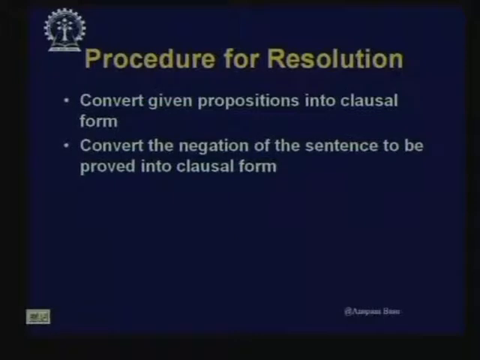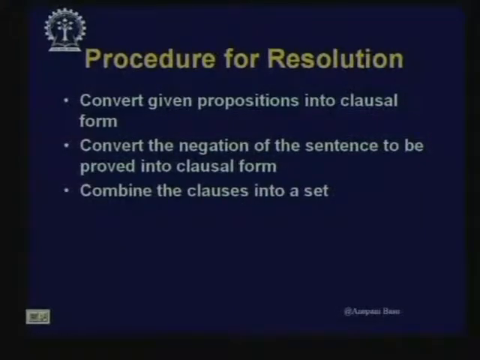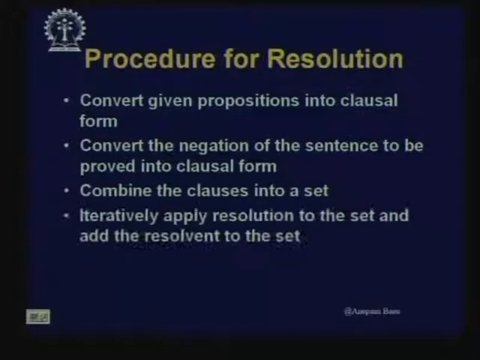Please note that we take the sentence to be proved and we first negate it, and after this negation we convert it to the clausal form. So, convert the negation of the sentence to be proved into clausal form, combine all the clauses in a set, and then iteratively apply resolution to the set.